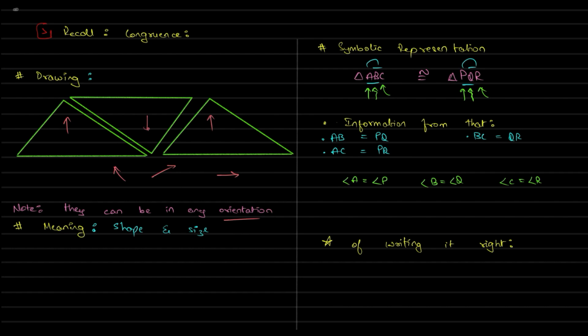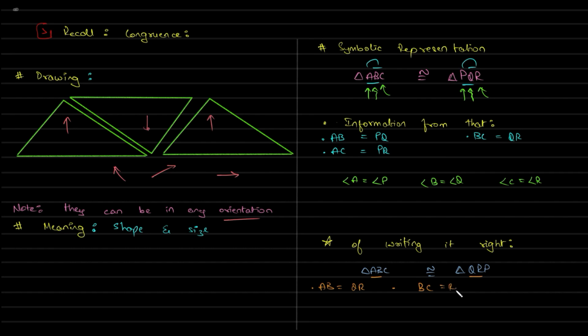But in place of this, if I happen to write triangle ABC is congruent to triangle QRP, will you get the same set of things? No. Here AB is equal to QR, so please observe the difference. These are not the same.